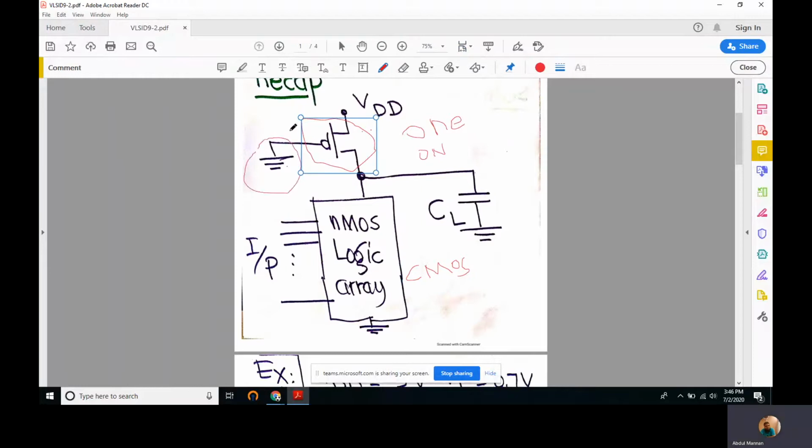When the gate is at ground, the voltage VSG between the source and the gate of this PMOS is greater than its threshold voltage VTP, and it is on. It is always on.